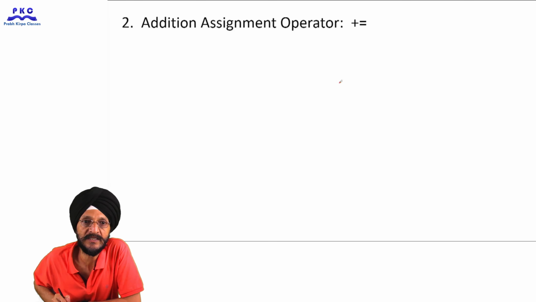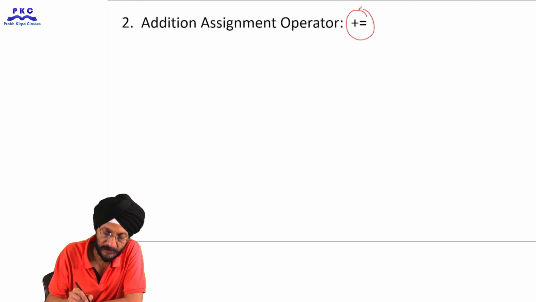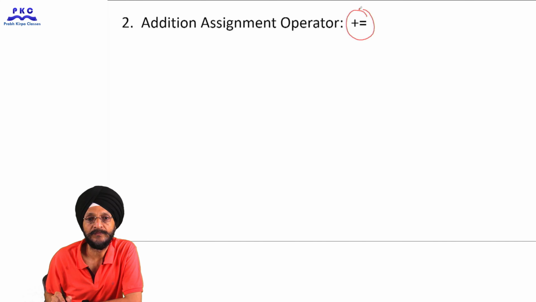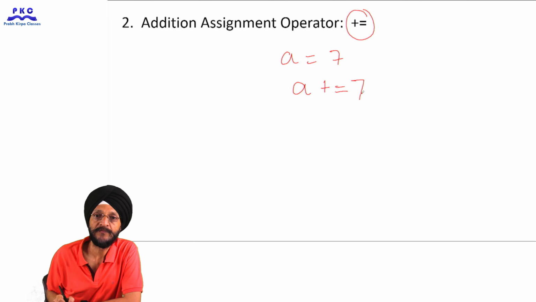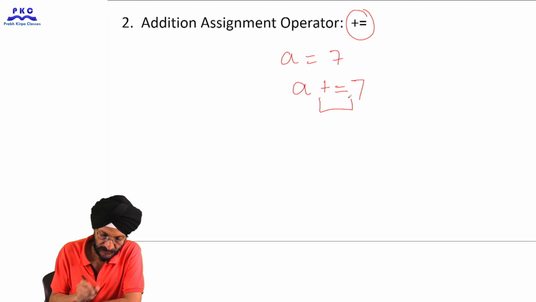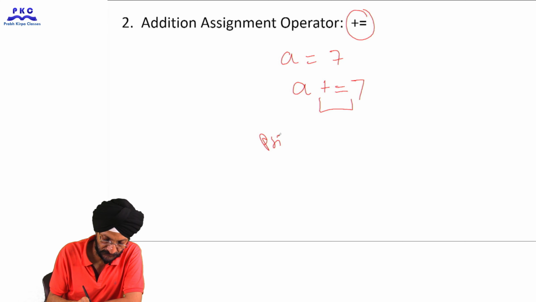Next is addition assignment operator. This is the addition assignment operator, plus is equal to. Suppose a is 7 and now we write a plus is equal to 7. So this is the addition assignment operator. And now if we use print a, what will be the output?